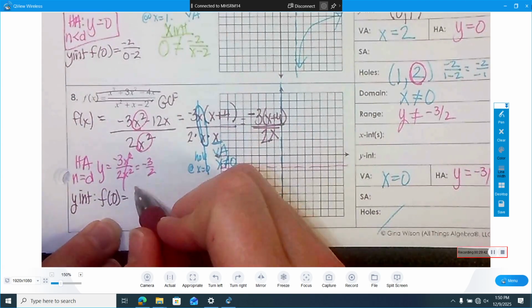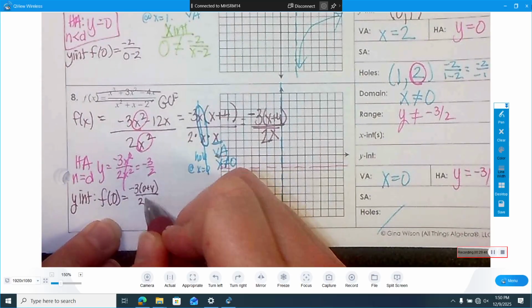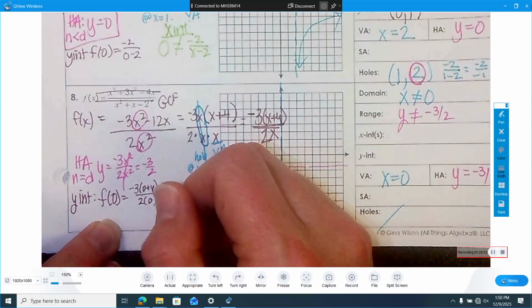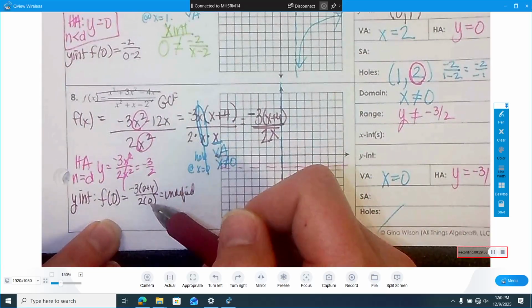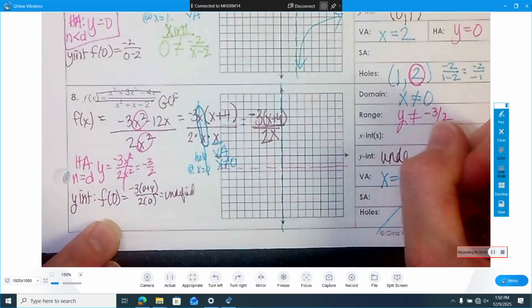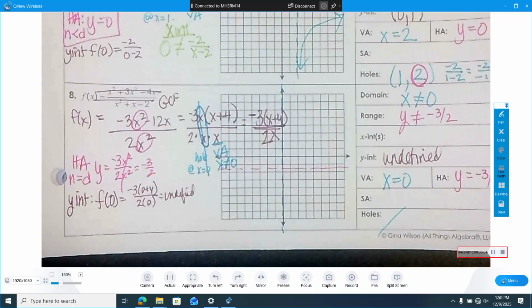So if we plug it in at the end, negative 3 times 0 plus 4 over 2 times 0. What do we get there? Undefined. Yeah, it is undefined. We can't have a 0 in the denominator. When the 0 is under, it's undefined. Good, very good.